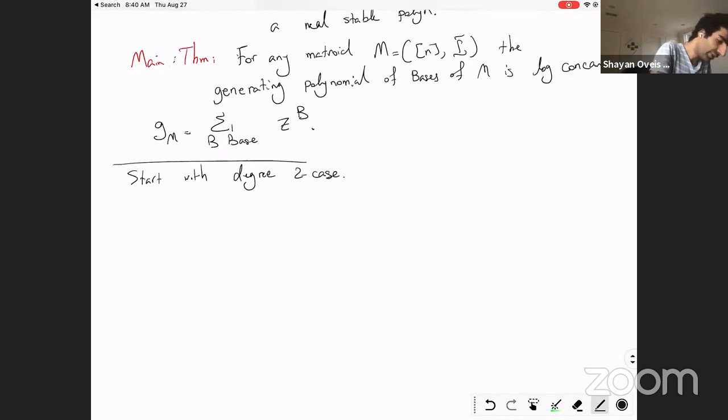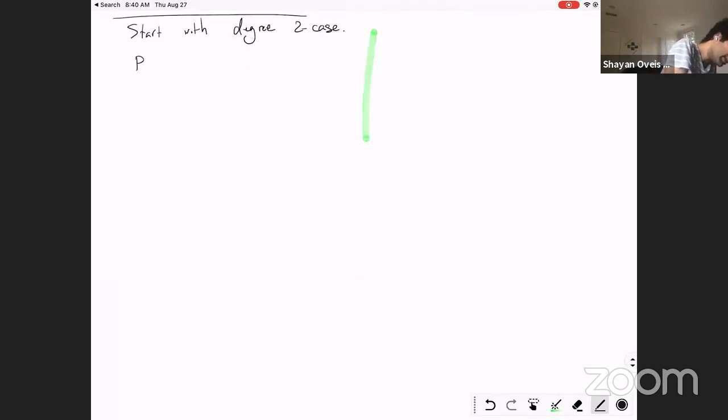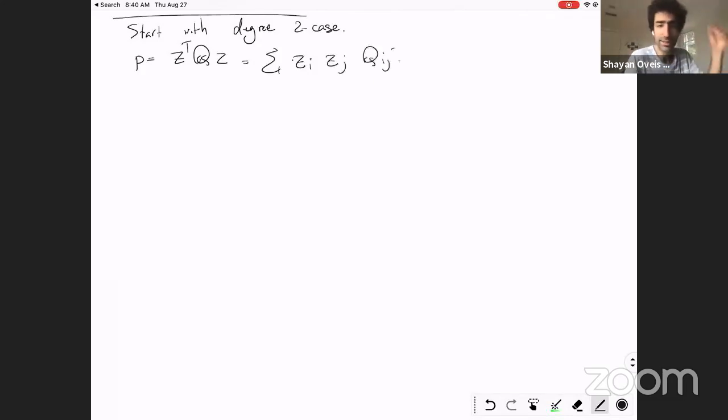Let's say we have a polynomial p that is degree 2 homogeneous. It is equal to z transpose Q z, so it's basically the summation of z_i z_j Q_ij. So a degree 2 homogeneous polynomial, and let's say it has non-negative coefficients again. So basically, it means that Q has non-negative entries.